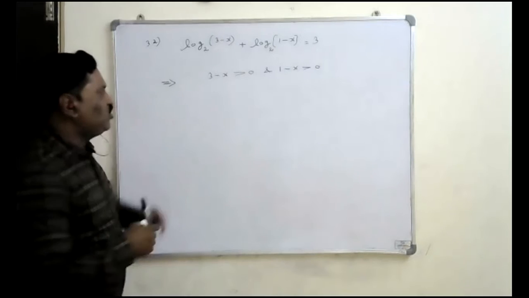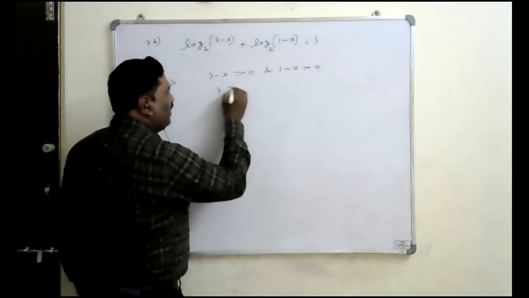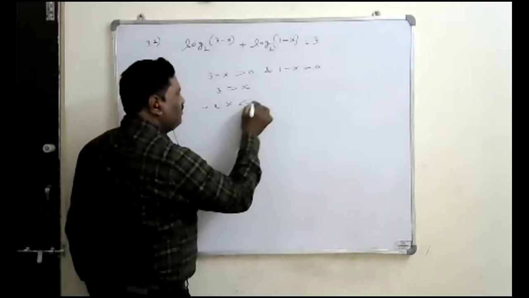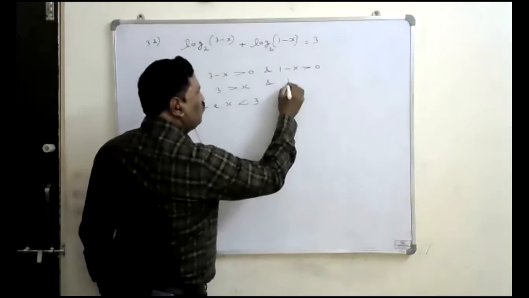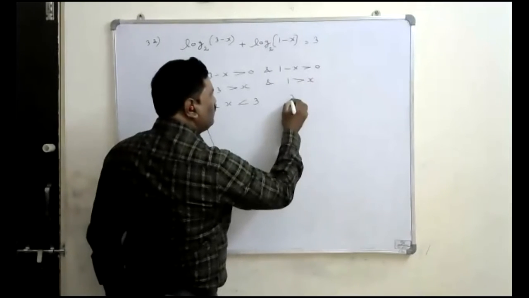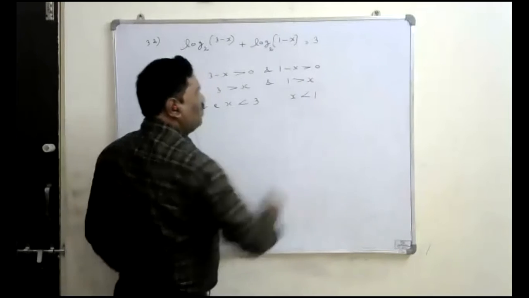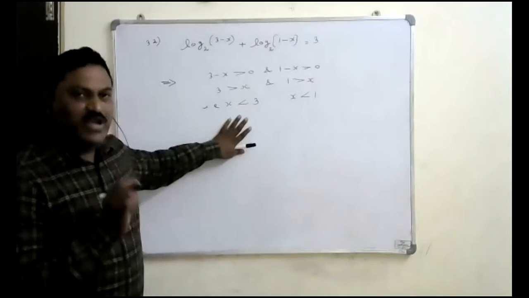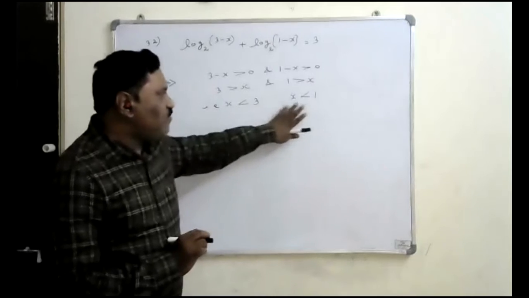Now if minus x goes to the other side, 3 is greater than x, that is x is less than 3. And 1 is greater than x means x is less than 1. Understand? So this is the interval for x we have to take. Now tell me, what is the common value for this?